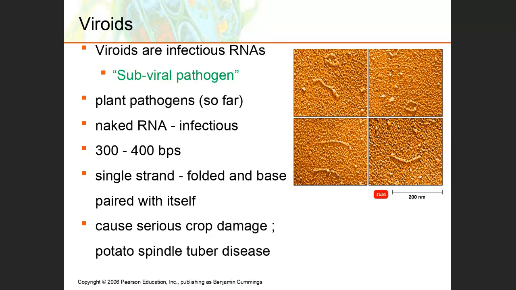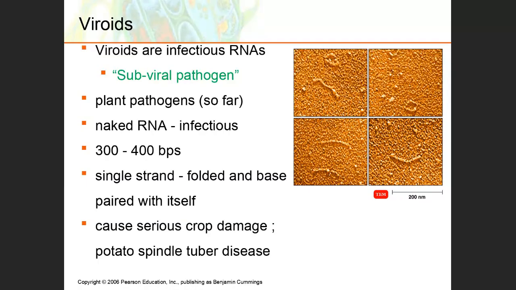But these are just little pieces of RNA that can be transmitted and cause disease. Now, so far, they've only been found in plants, so there's only some plant pathogens that are viroids. But if they exist for plants, they probably exist for animals, right? We just haven't found them. One example of a plant disease is potato spindle tuber disease.